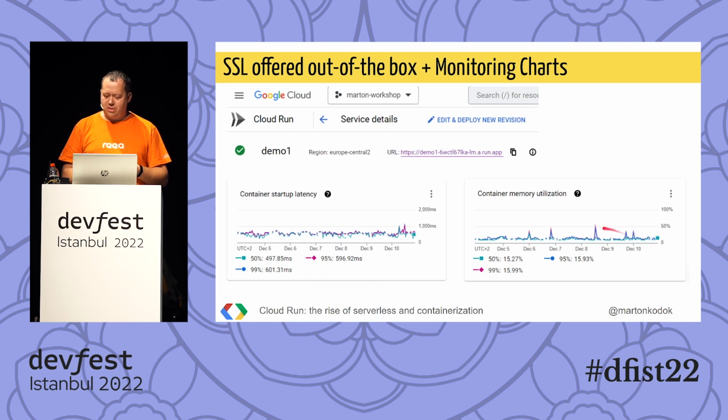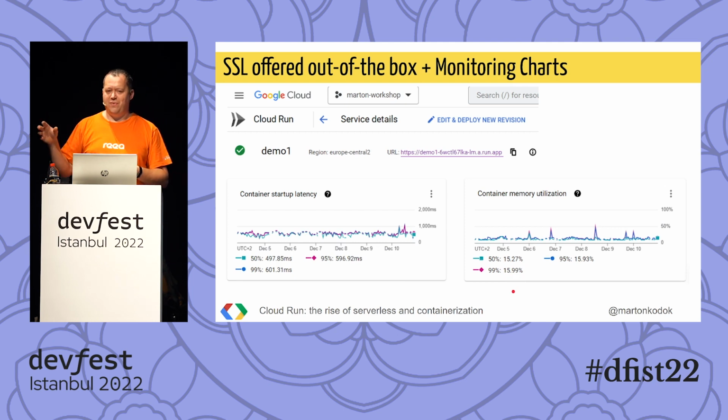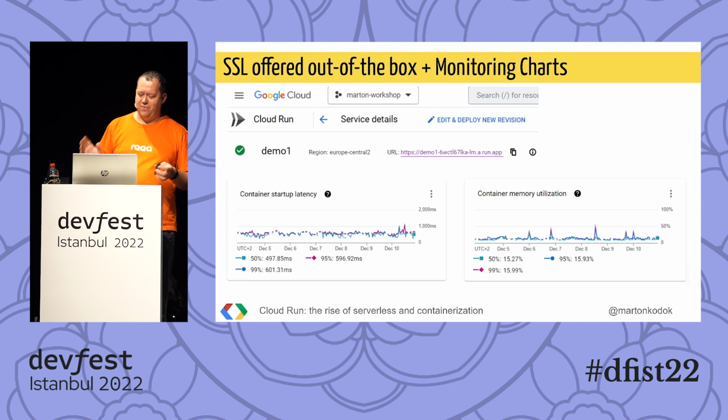The memory is around 15%, which means that we used the machine's YAML default values, so we can eventually scale down. For example, if you see 15%, you should scale down to use only, I don't know, 128 megabytes of RAM or 256. You can go up to 32 gigabytes of RAM. So it's really flexible for this.